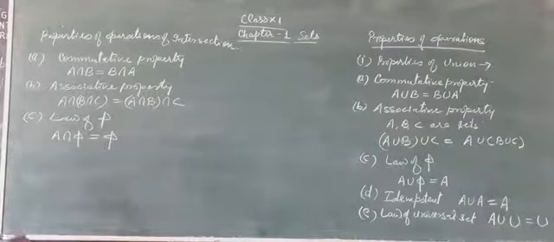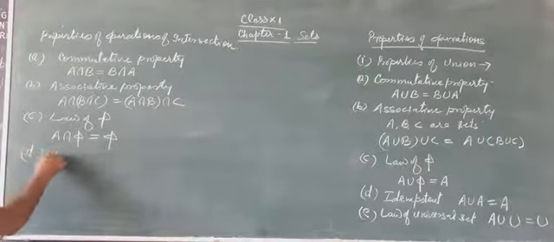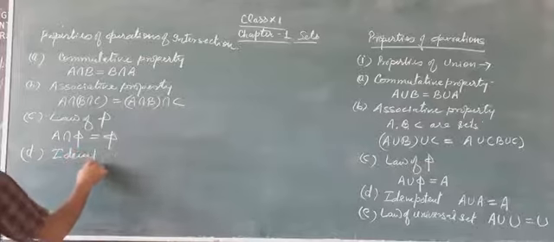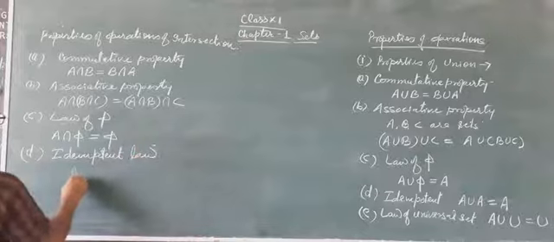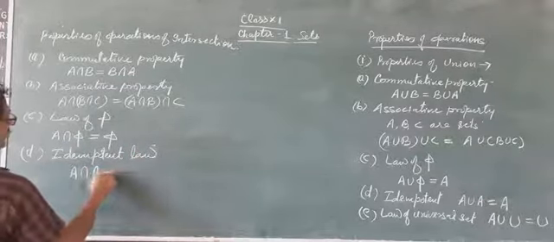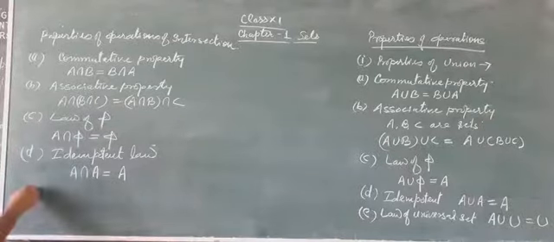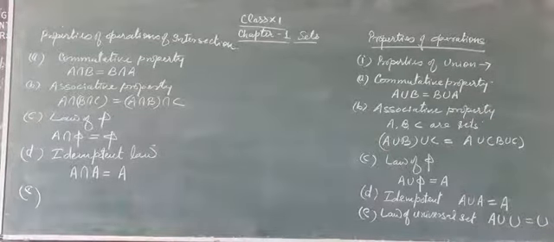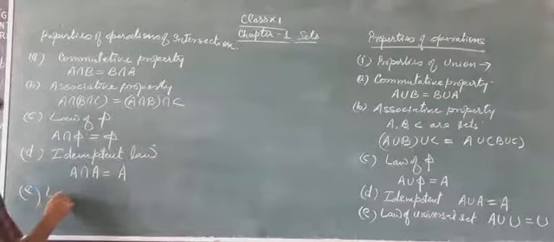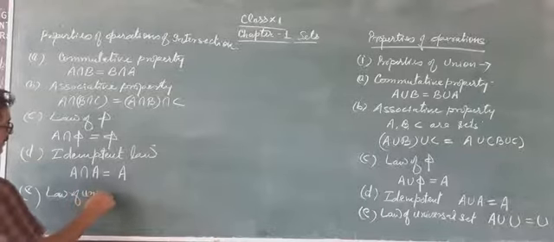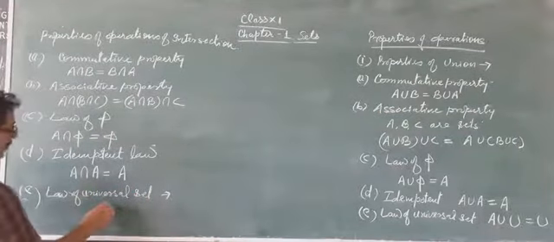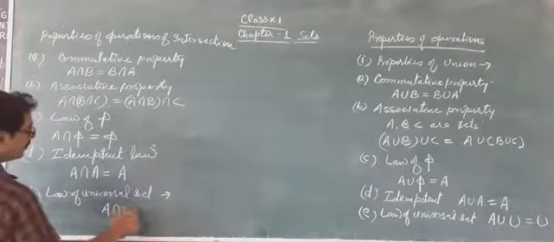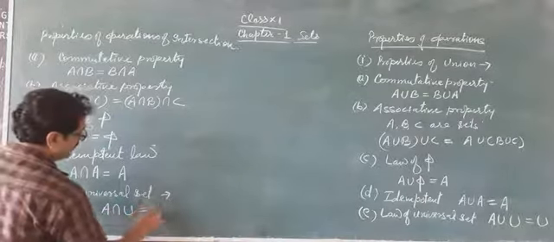And the next one is the idempotent law, which means A intersection A is equal to A. And the next one is the law of the universal set, which means A intersection U, the universal set, is equal to A.